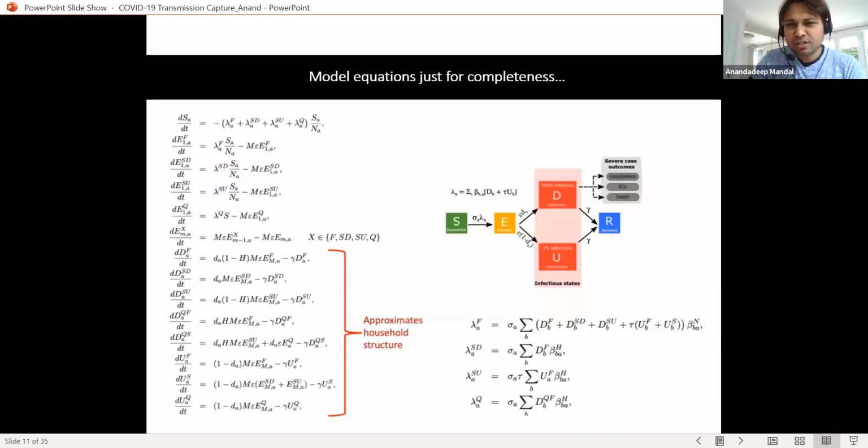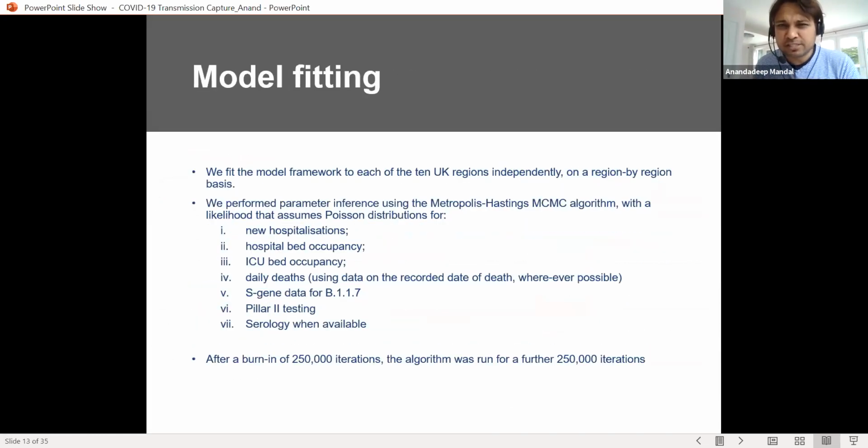And that's why we used this Metropolis Hastings MCMC. It's a very simple algorithm. It helps us take a sample out from a population, and it maintains the same parameters of the sample and the population.